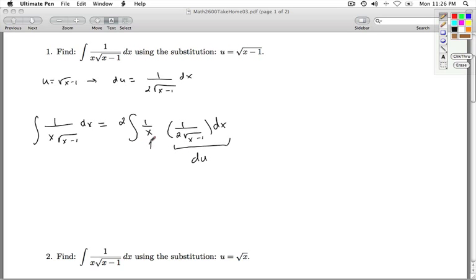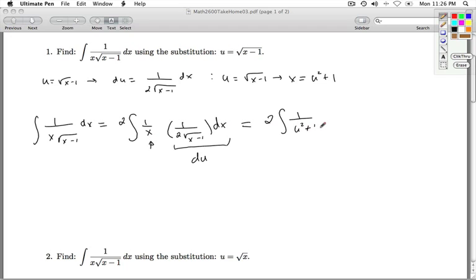The trouble is I got an x left over, so I'm going to have to take my substitution, solve for x. X is going to be u squared plus 1. So when I take this into the land of u, it's 1 over u squared plus 1. That's the 1 over x.